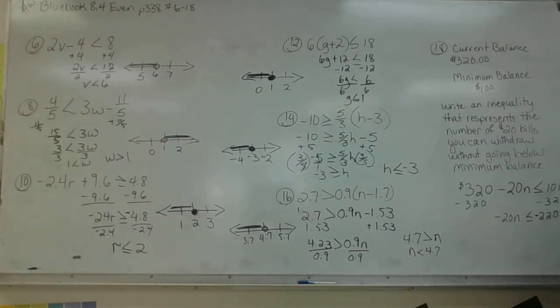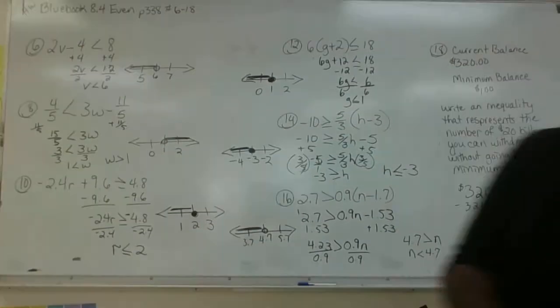Then we want to divide both sides by negative 20, okay? And so when we divide both sides by negative 20, let's see what we get.